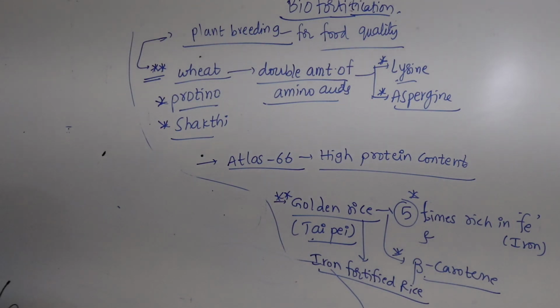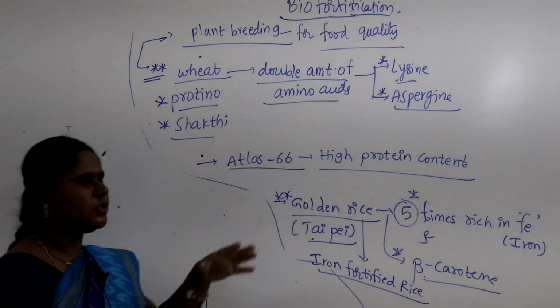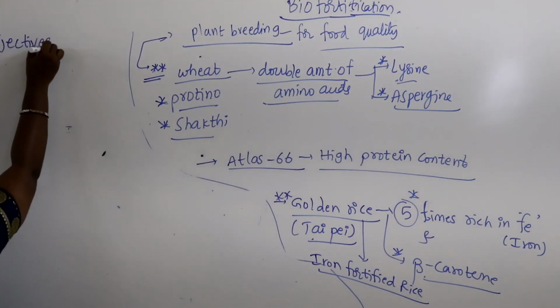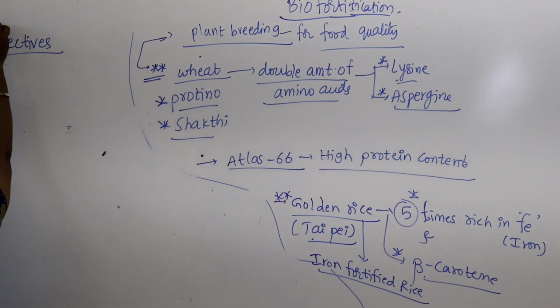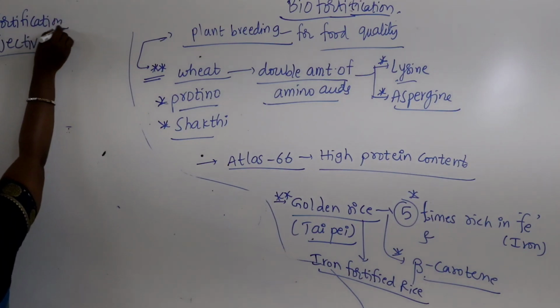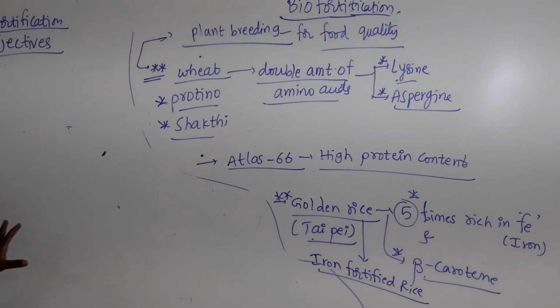So what did I say? What are the main objectives of biofortification? To create better varieties. So I am writing here again, biofortification objectives. So what are the main objectives?